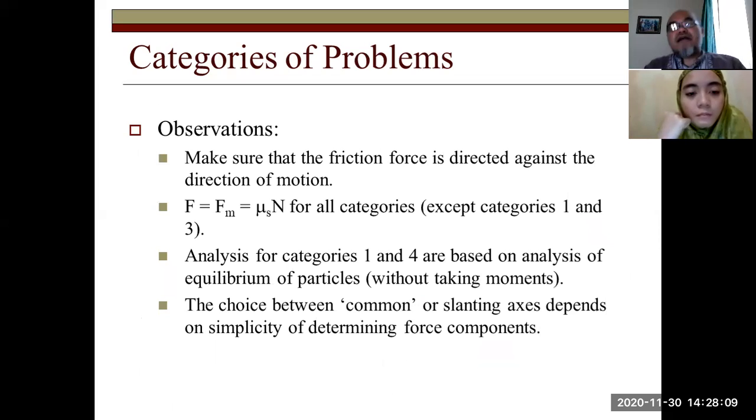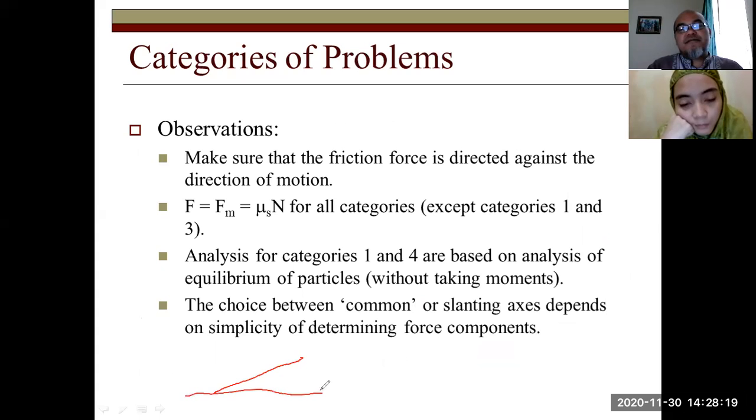So the choice between common or slanting axis depends on the simplicity of determining the force components. Slanting here is when we have a slope. If we want, we can of course use the usual axis, but it would be simpler because the forces are all working along the slope.